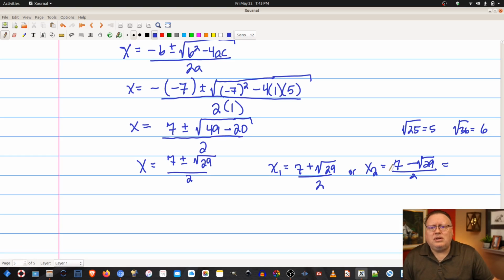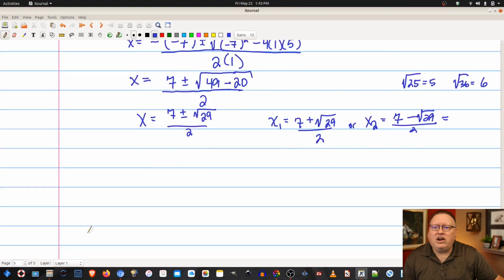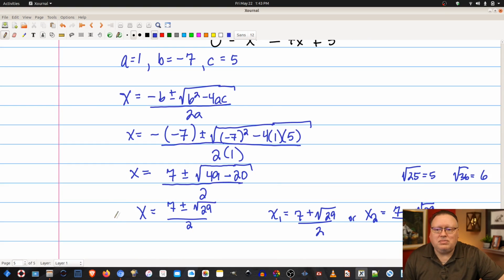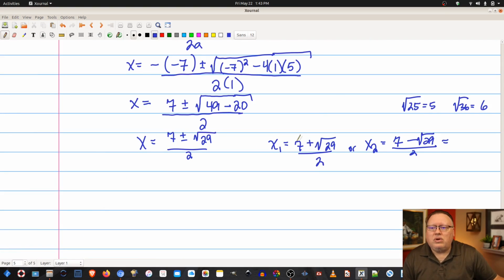We're actually going to substitute both in and see what we get, all right? So if we come down here, we're going to rewrite our original equation. Square root of x plus 4 equals x minus 3. So we're going to have the check of our solutions. Square root of x plus 4 equals x minus 3.